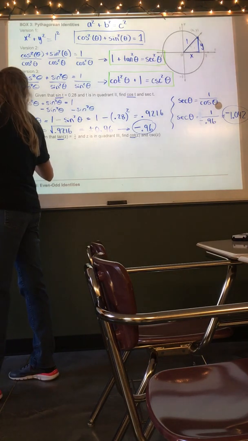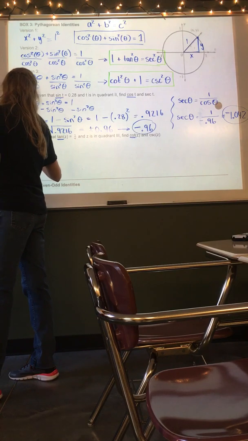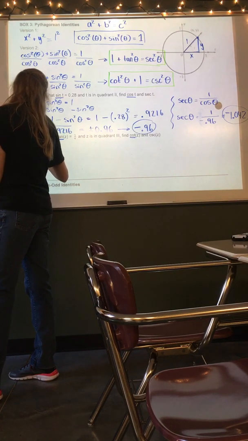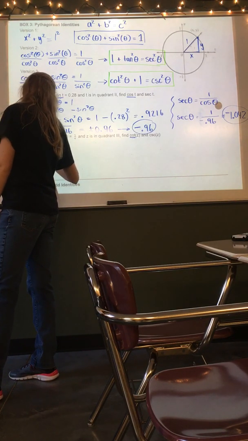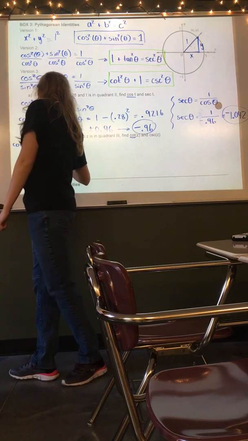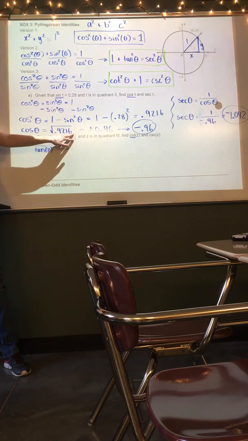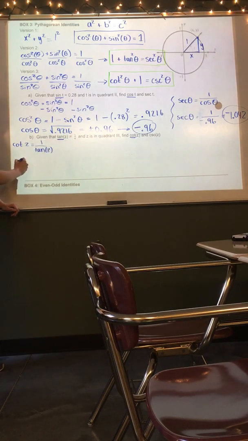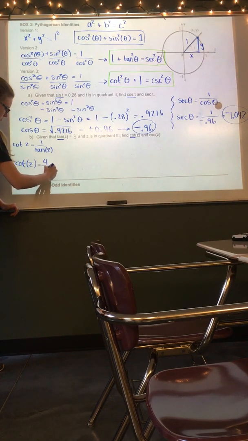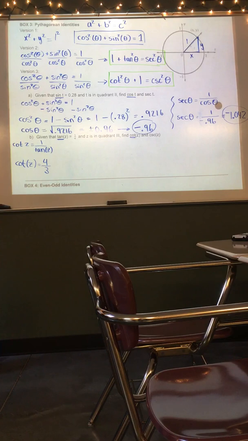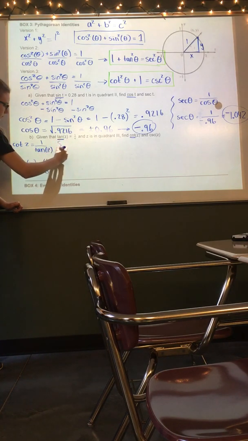So cotangent of z is the reciprocal of tangent. If the tangent is 3 over 4, then the cotangent is 4 over 3. So that's part 1.